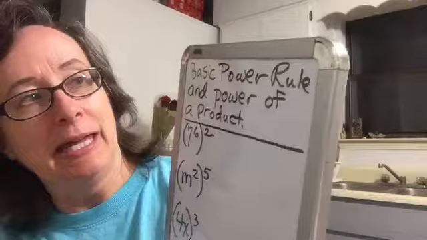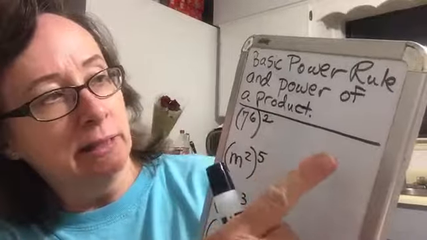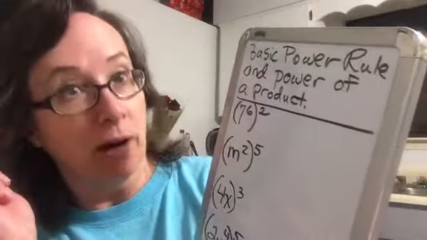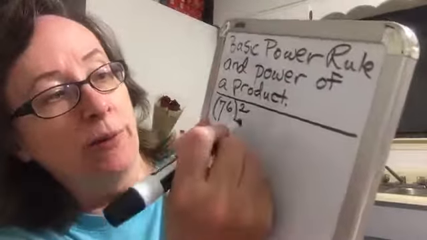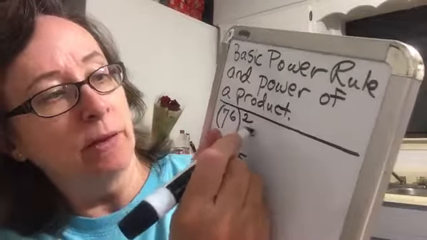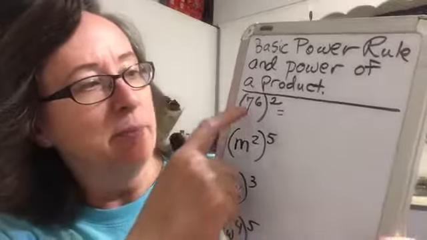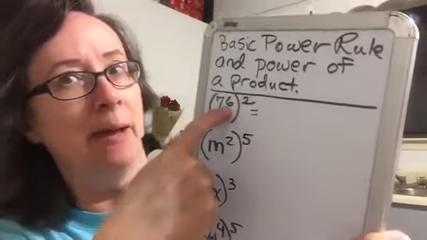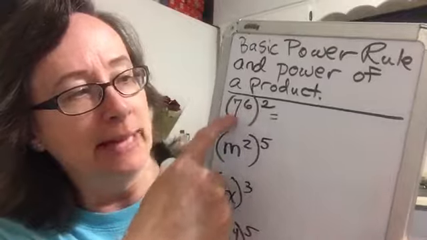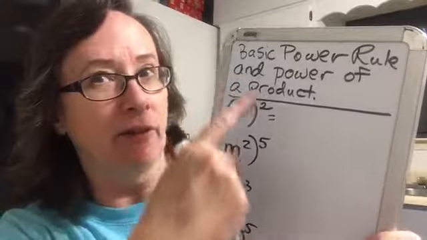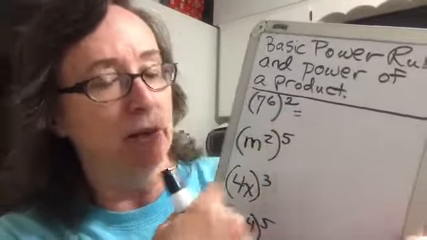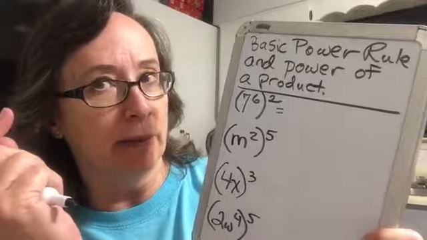Okay, so now we're going to discuss the basic power rule and the power of a product rule. So the basic power rule tells you, I call it the power to a power, but it tells you that when you have a power, a base raised to a power, and then you're raising the whole thing to another power, that then you multiply the powers.